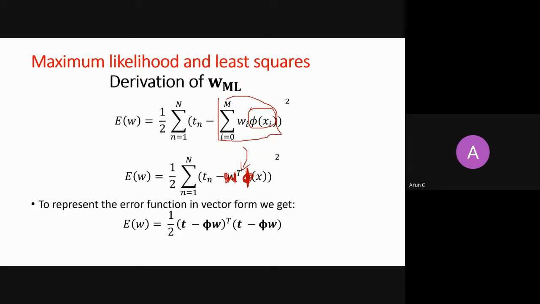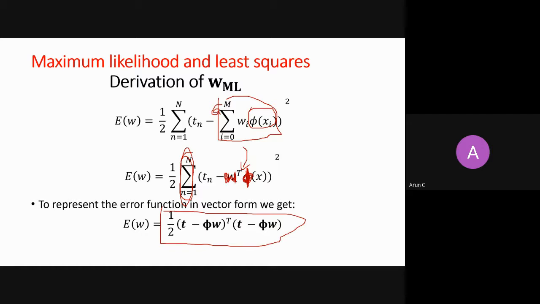I am just switching my mathematical expression to vector notation. I am rewriting this summation, which is nothing but a dot product, in linear algebra terms, as W transpose phi x. I have one more notation, sigma here. So I can rewrite this whole error expression as this expression, right?